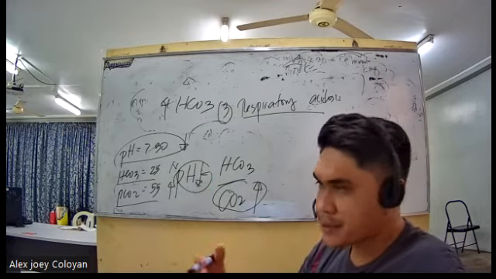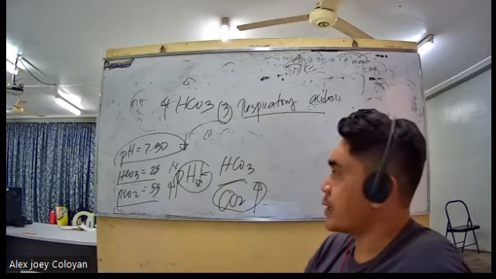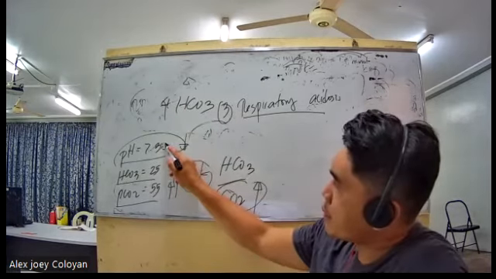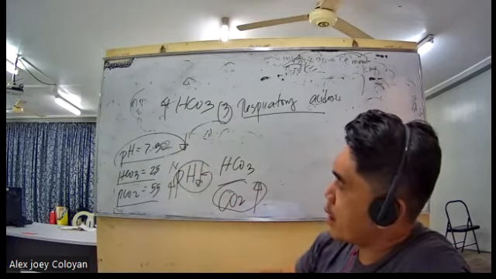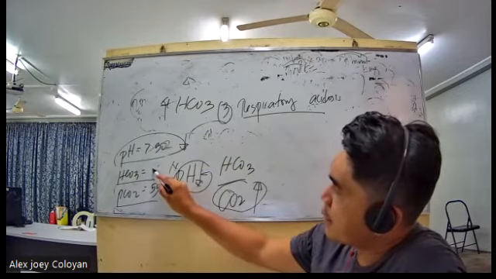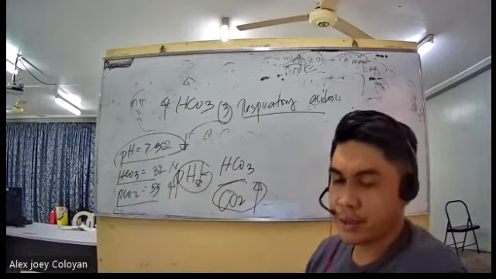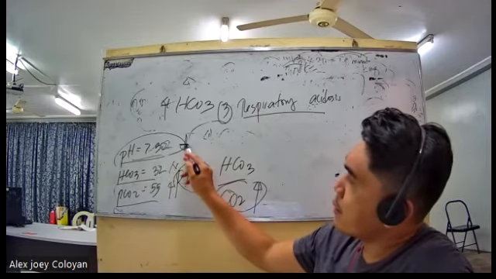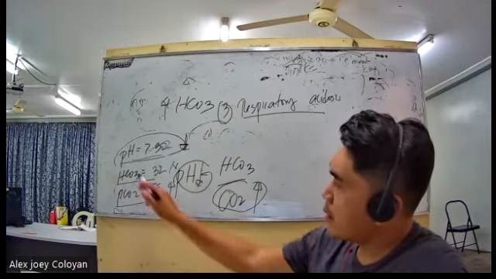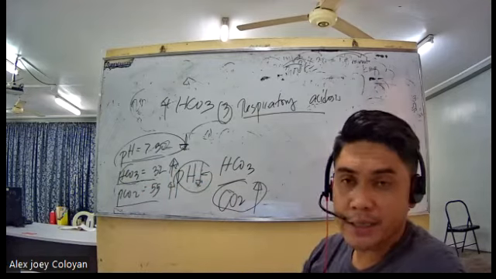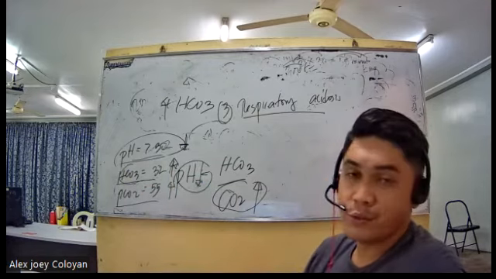For partially compensated, let's change this to a pH of 7.32 and a bicarbonate level of 32. So pH is below normal, bicarbonate is above normal, so it's increased, same with PCO2.